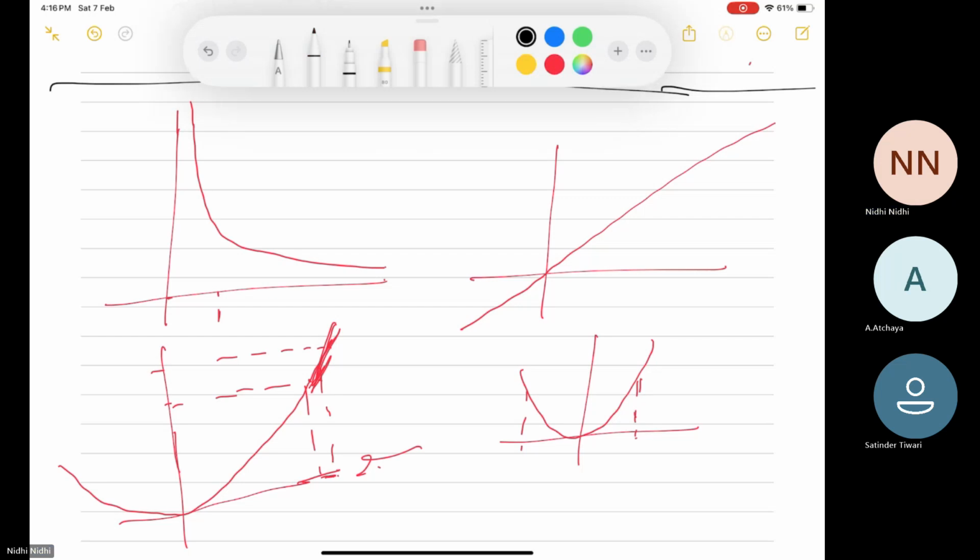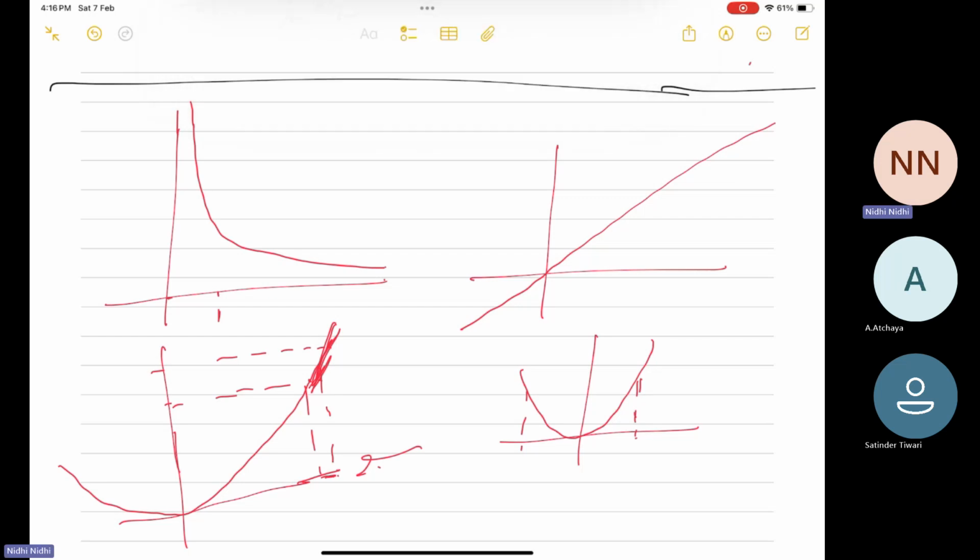Is it clear, or do you want me to explain with some specific example? Because understanding uniform continuity is tricky. It's not that trivial to see when the function is uniformly continuous.